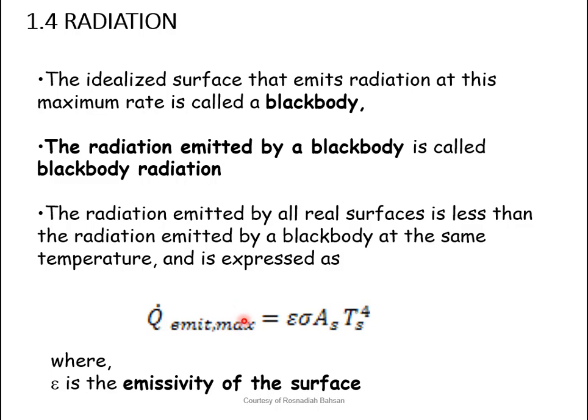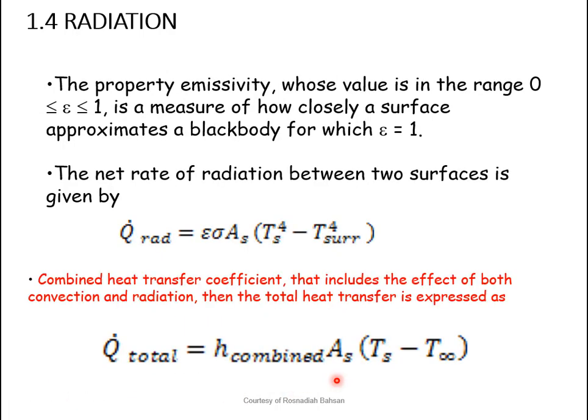The idealized surface that emits radiation at this maximum rate is called a black body. So what is a black body? The radiation emitted by a black body is called black body radiation. The radiation emitted by all real surfaces is less than the radiation emitted by a black body at the same temperature and is expressed by this equation, where epsilon is the emissivity of the surface, from 0 to 1.